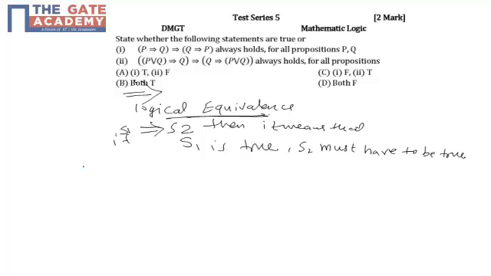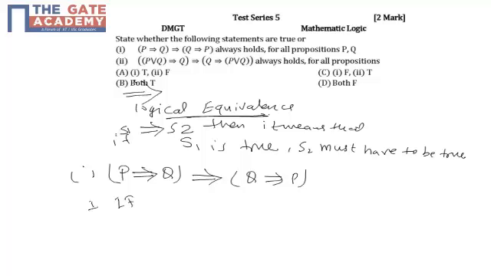So now in the first option they have given P implication Q. Let us take one example, because only two possibilities can occur.